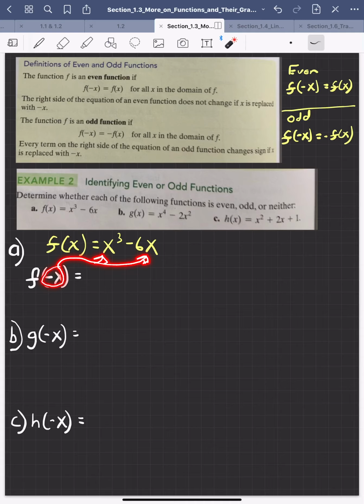I'm going to do that right now. I'm going to use those parentheses like I was saying earlier, and we're going to drag and drop, placing negative x inside these open parentheses.